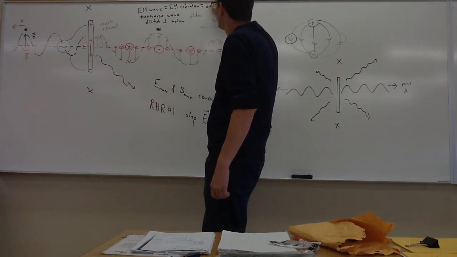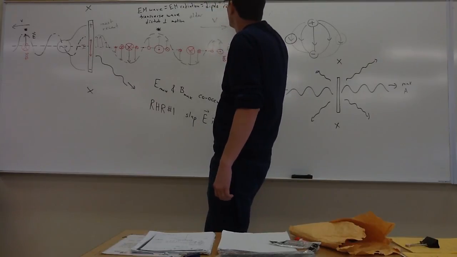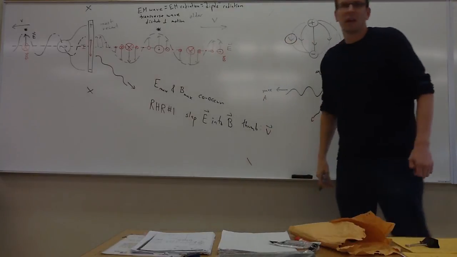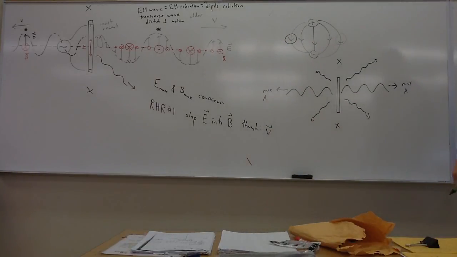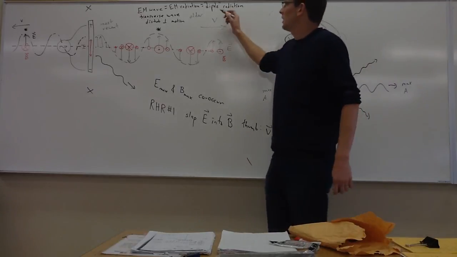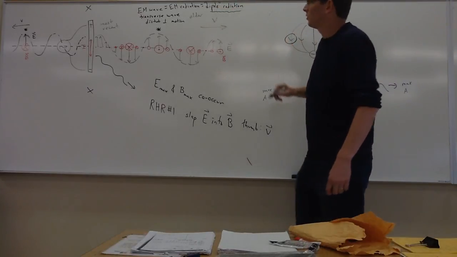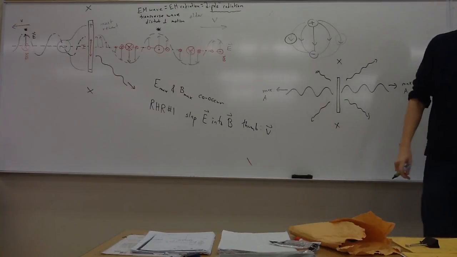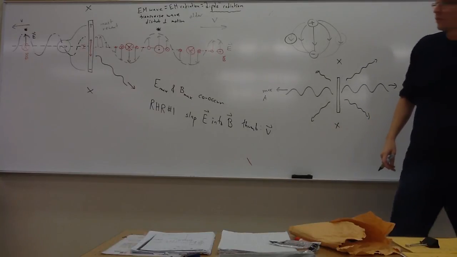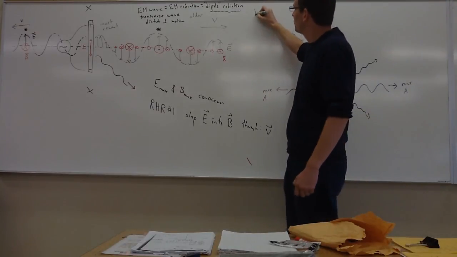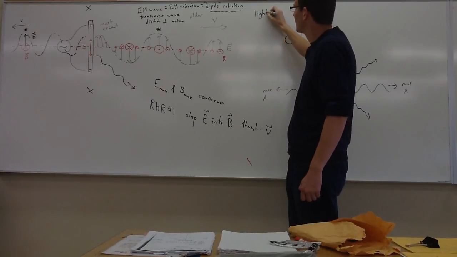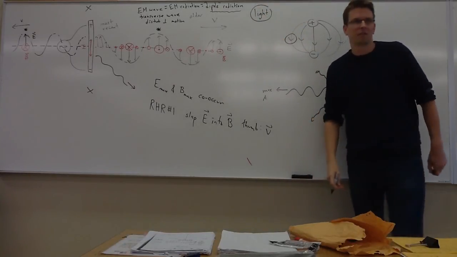Sometimes this is called dipole radiation because it's originating from basically a dipole charge configuration that's being oscillated back and forth. That's a very specific type of scenario where I'm producing one of these things. There are other ways to produce these electromagnetic waves. But the big catch-all for this is light. Okay? This is light.